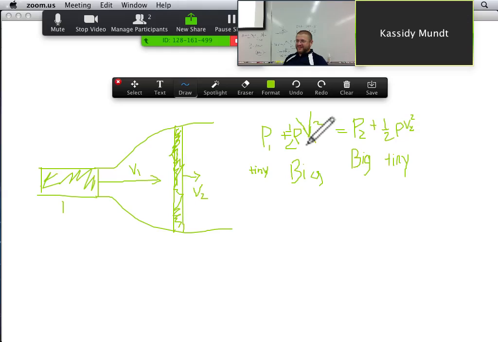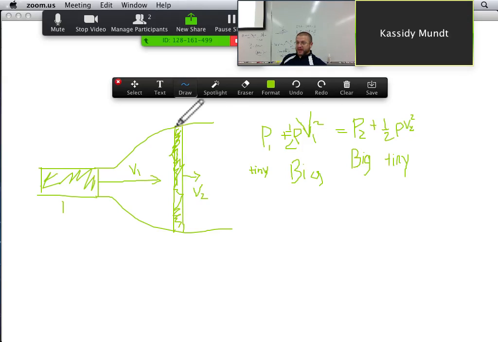So pressure is constant. No, pressure is not constant. The pressure increases when you go to the big pipe, but not for the reasons you think. And it decreases when you go to the little pipe, but not for the reasons you think. But what does change is the speed. That we already figured out. And because we know that the speed increases there, we also know that the pressure is going to have to decrease there.